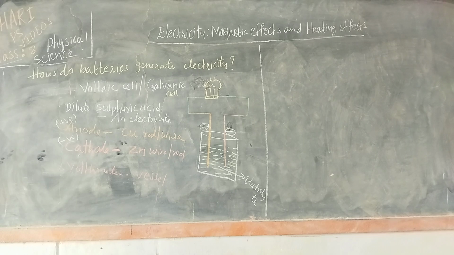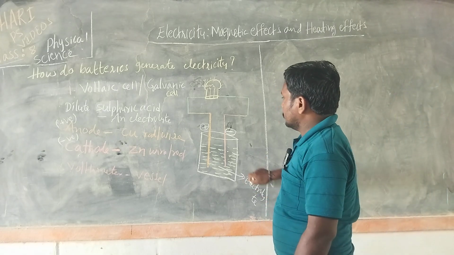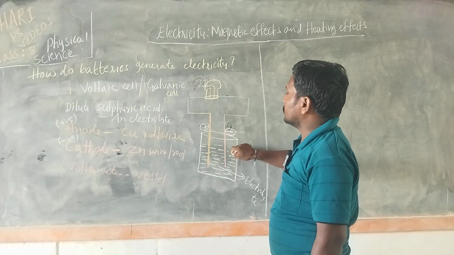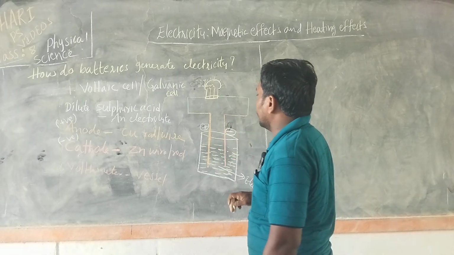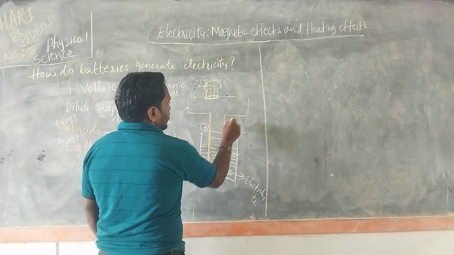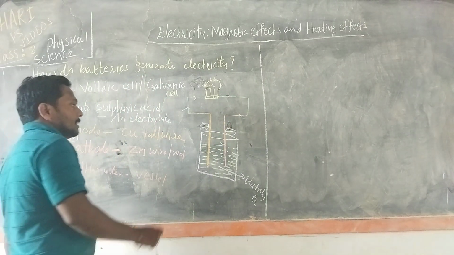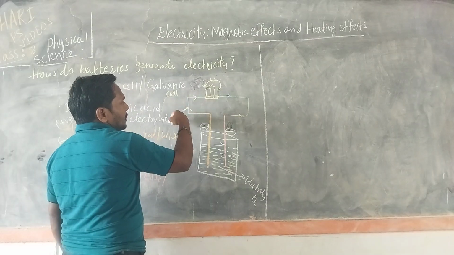Observe the diagram very clearly. We have to see the electrolyte, anode, cathode, and connecting wires, all in the diagram. This is the direction of current.